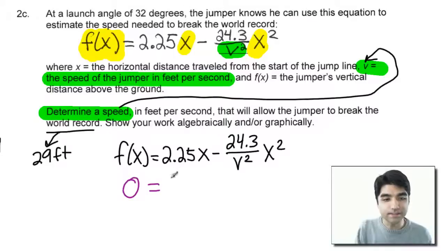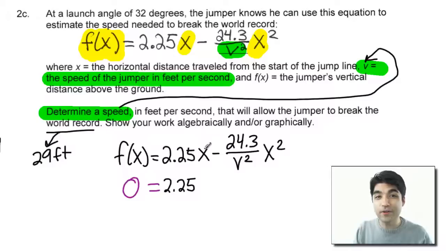Alright, what else do we know? So we got 2.25, and then we have x. Now let's see if we can figure out what x is. It wants to know what the speed will be when he breaks the world record. So what's the world record? How far does he need to travel horizontally? x is how far he travels horizontally.